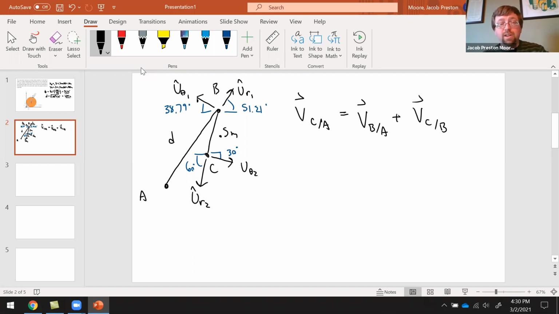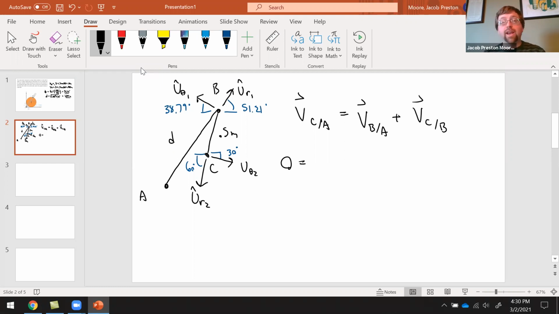It's only point B that's rotating around. So 0 is going to be equal to, and in this case, I've got AB both rotating and extending, so I've got multiple pieces to that. And then BC, it's not extending, 0.5 is constant, but it is rotating.